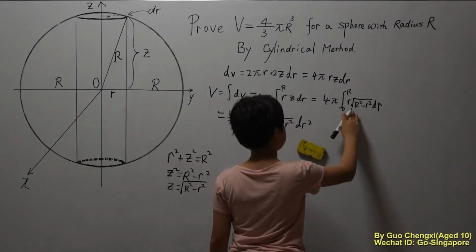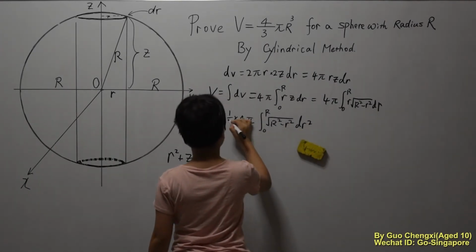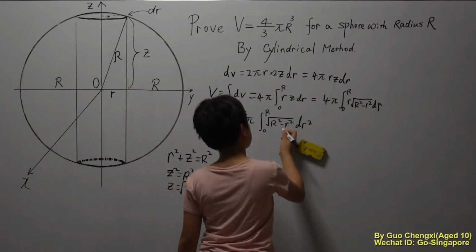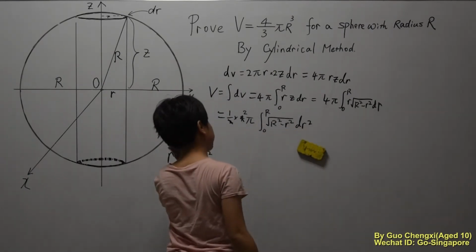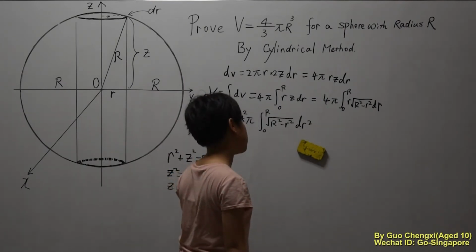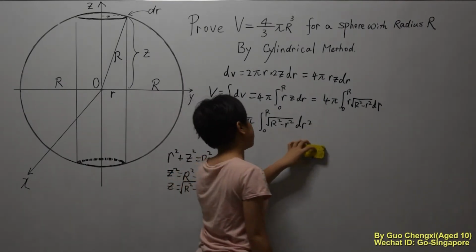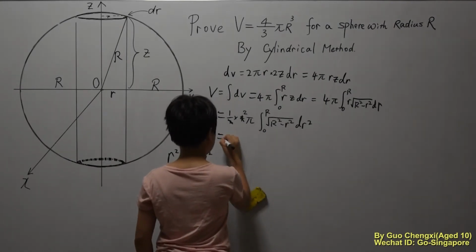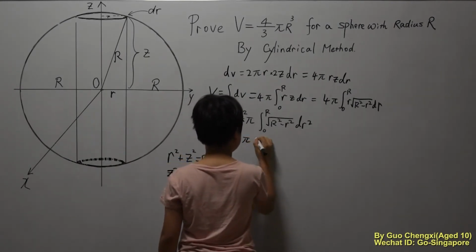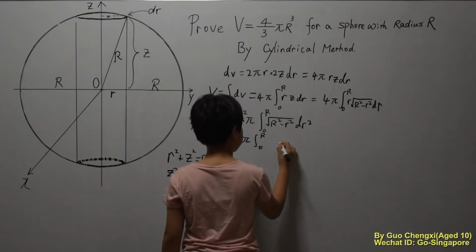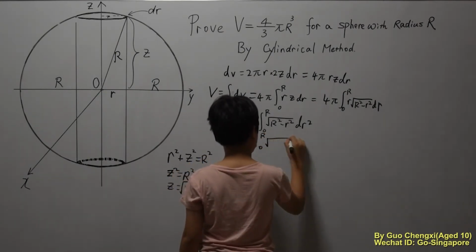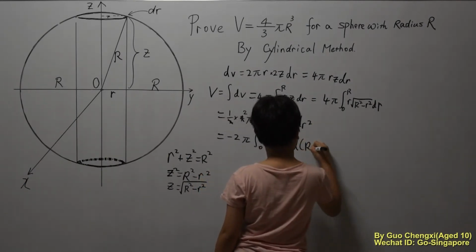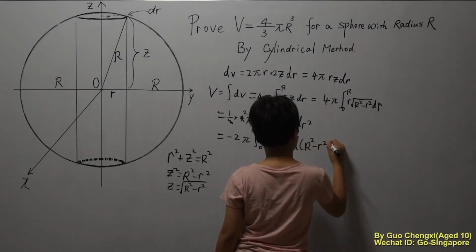So now over here, you can put this inside and these two simplify here too. But over here, this part, R squared, yes, we can count it as a constant right now as it is 1. Then what about this minus? Then you have to put a negative. So this will become negative 2 pi from 0 to R, square root R squared minus r squared d(R squared minus r squared).